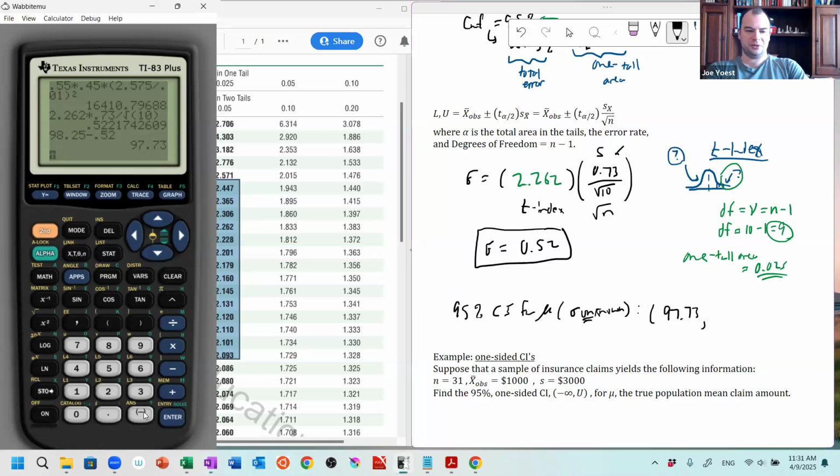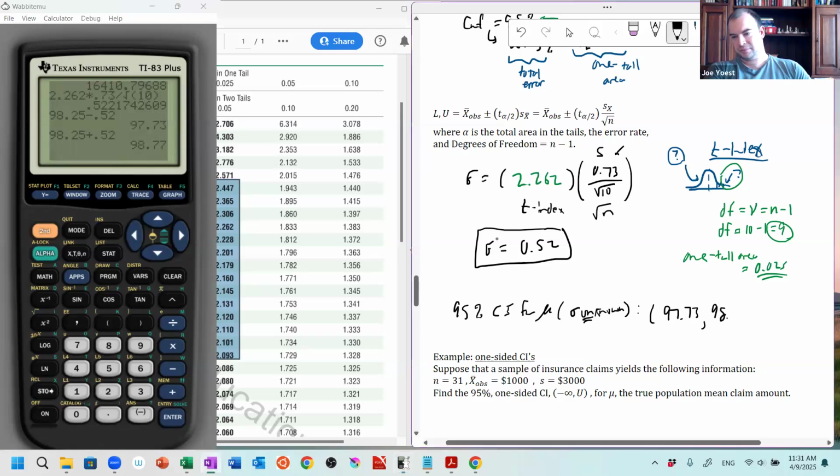And then for my upper bound, I just do second enter, change the minus to a plus, 98.77. Again, the second enter trick isn't all that beneficial here, but if you had typed all this out in one line with a margin of error calculation in the same line, it'd be a little more helpful.